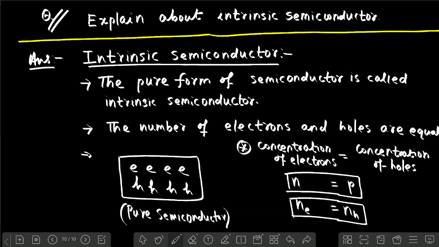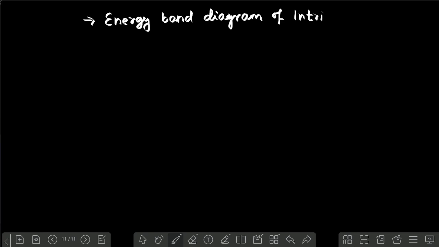Now next comes the energy band diagram, which is most important. All of you listen carefully. So write: energy band diagram of intrinsic semiconductor. See here, first you draw one conduction band, and another, one valence band.